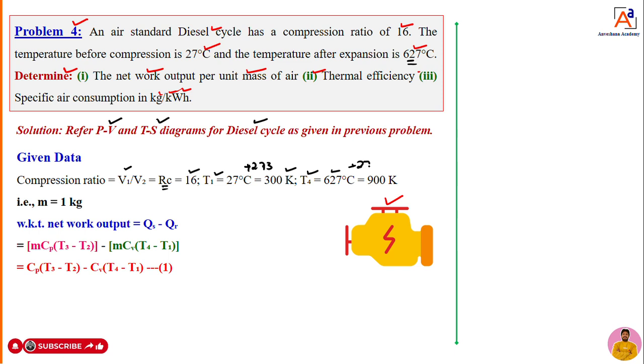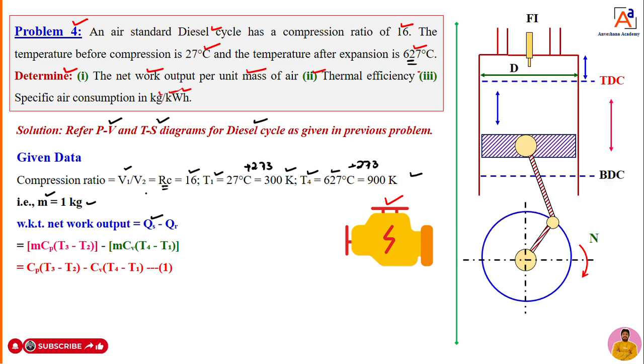Again we add 273 to convert it into Kelvin, so T4 is equal to 900 Kelvin. He is asking to calculate the work output per unit mass of air, so I will take m equal to 1 kg. The general formula for work output is QS minus QR, heat supplied minus heat rejection.